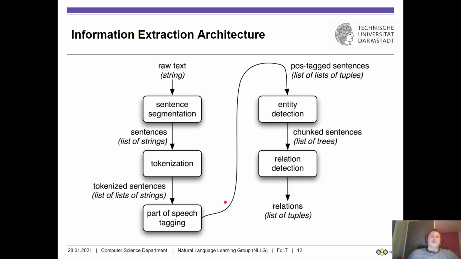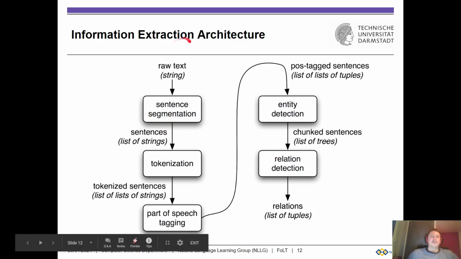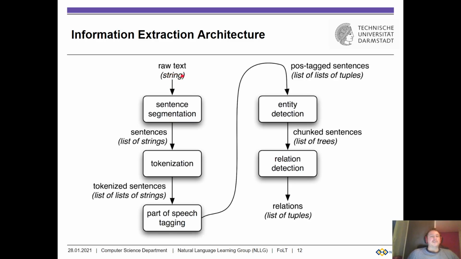So how we would typically process this in a classical natural language processing architecture is, we would have our raw text, which could be a string containing several sentences or a whole document. We would then segment our document into sentences, so that we get a list of sentences, each of which is a string.